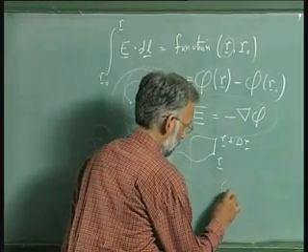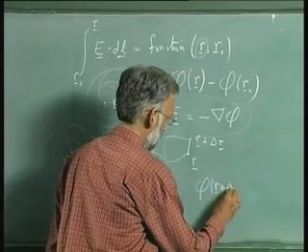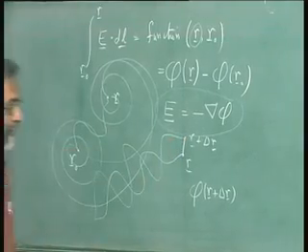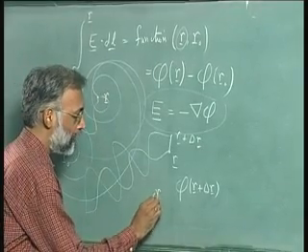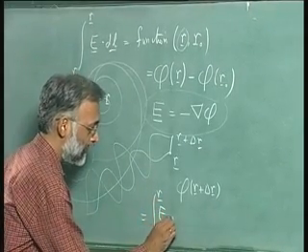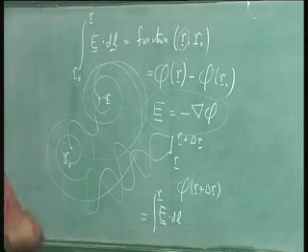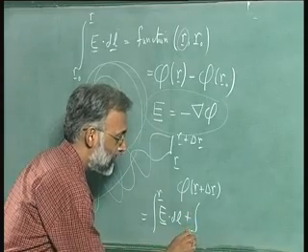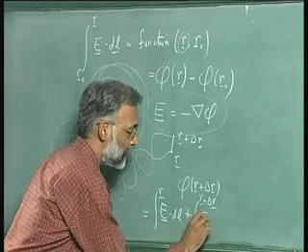So, the potential at r plus delta r is equal to the integral up to r of E dot dl, that is this first part, plus the integral from r to r plus delta r of E dot dl.